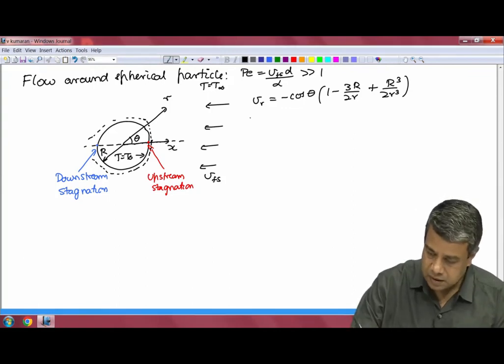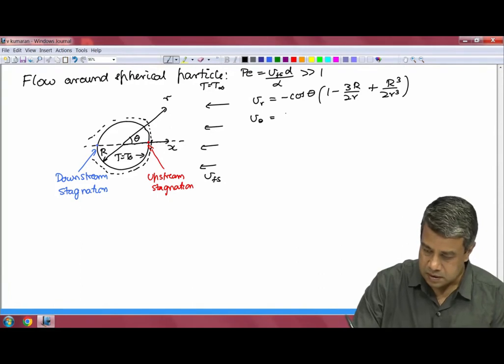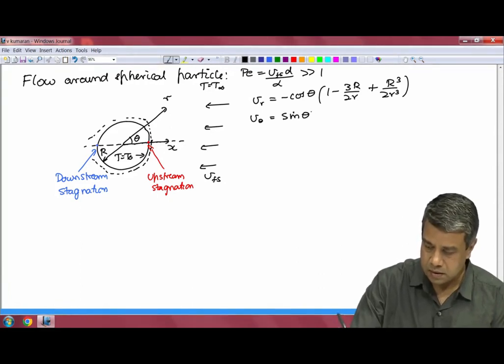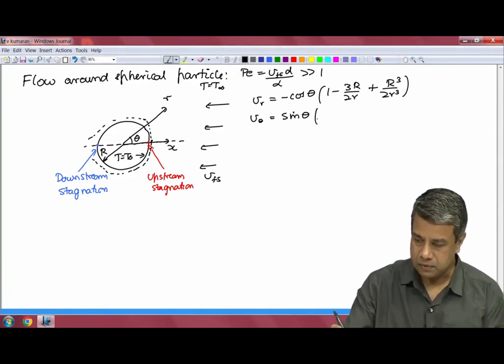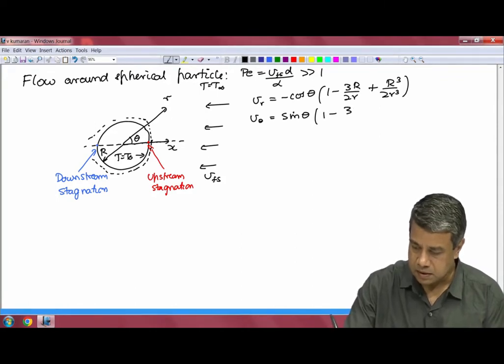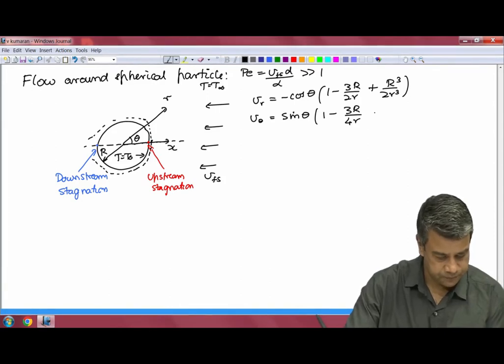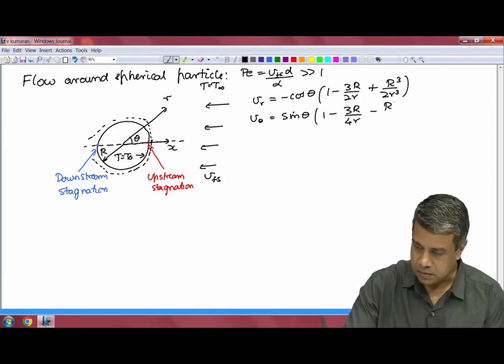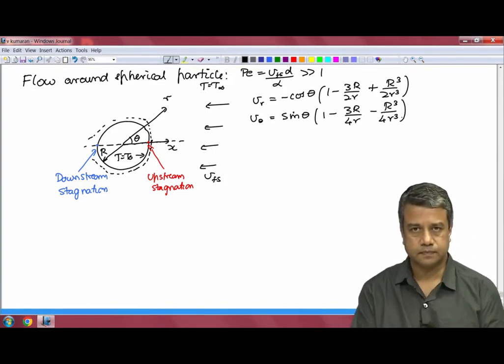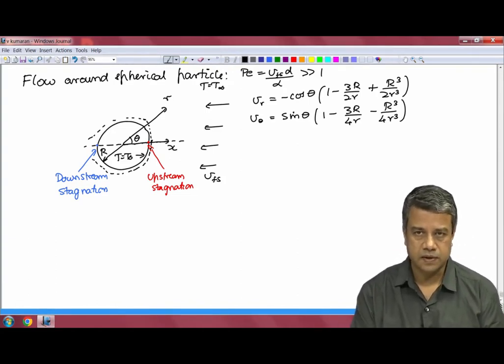And the azimuthal velocity is going to be equal to sin theta into 1 minus 3R by 4r minus R cubed by 4r cubed. That is the known velocity field.